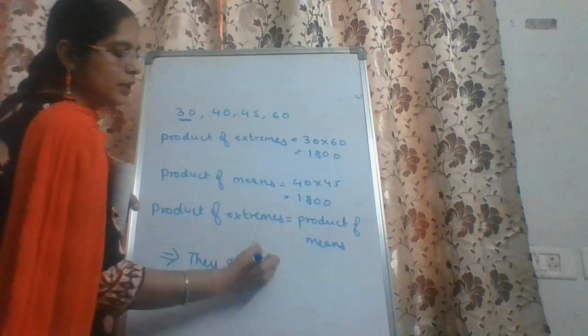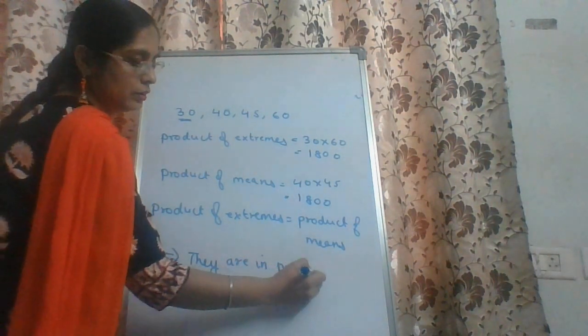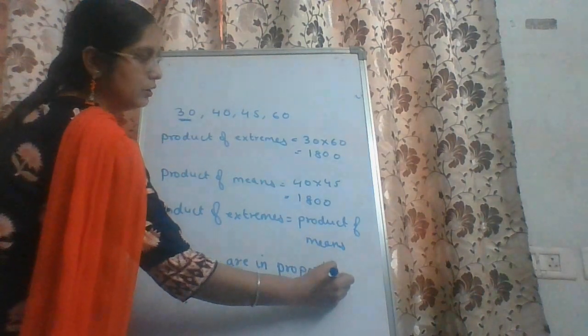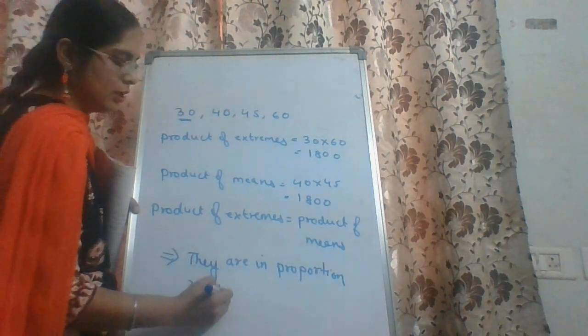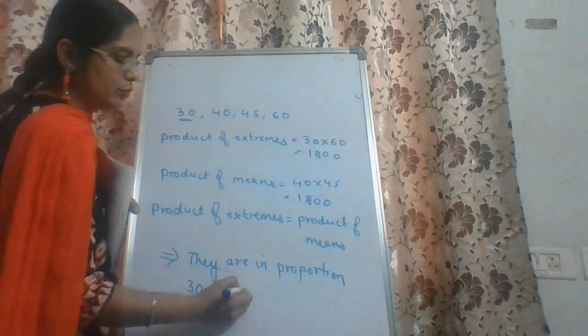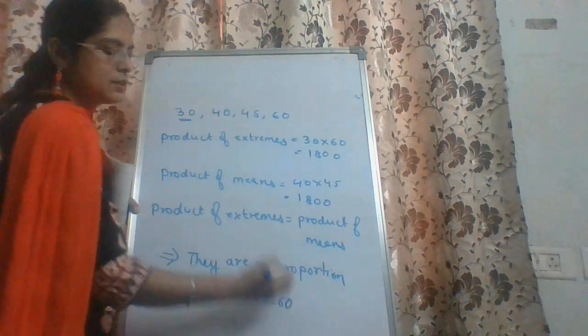If they are in proportion, let us write them in proportion also. That means 30 is to 40 proportional to 45 is to 60.